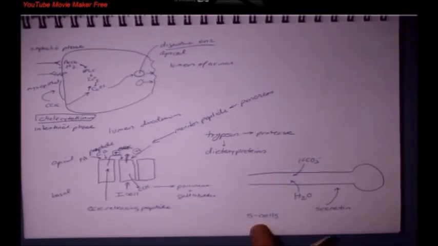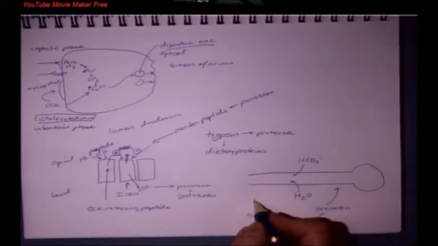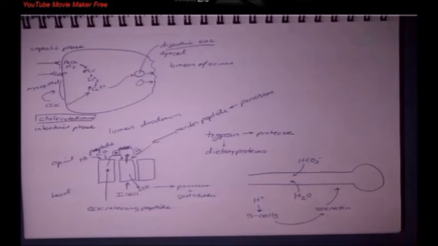Now, if S cells are responding to acid, and in response they secrete secretin, what type of cell is an S cell? Open endocrine cell. Yeah. What's another cell type in the gastric lumen that is similar to the S cell?